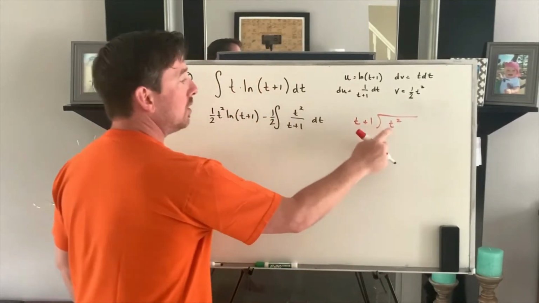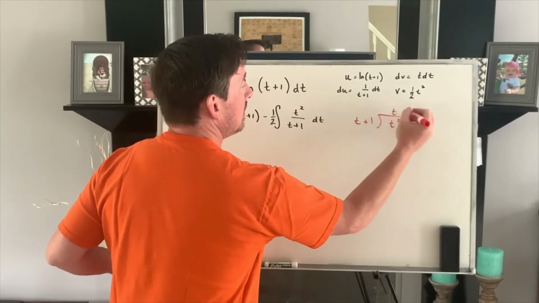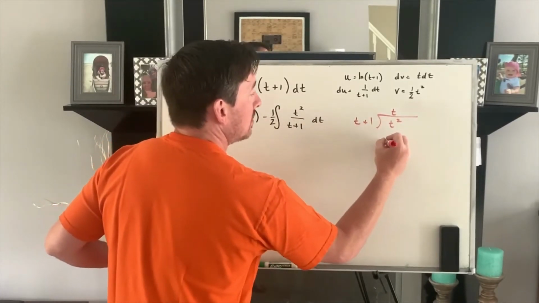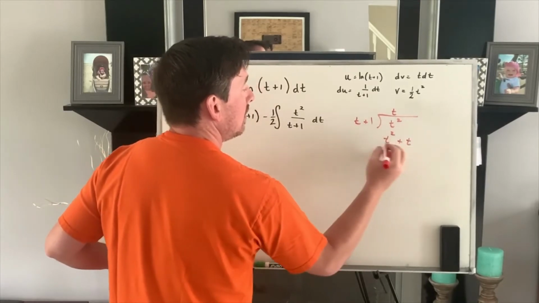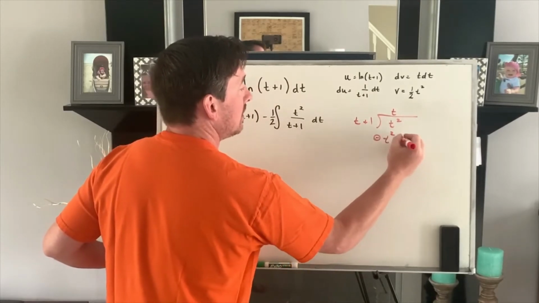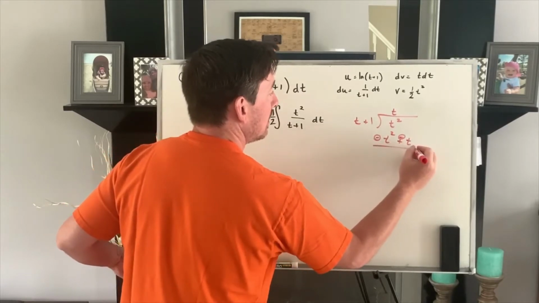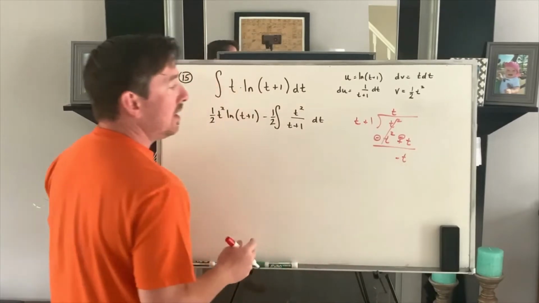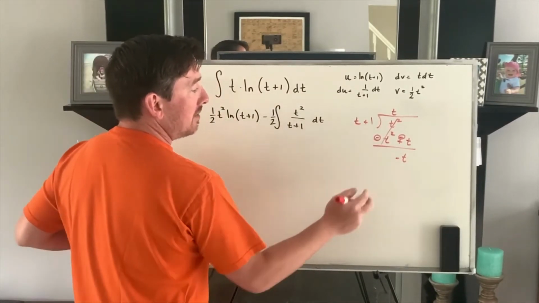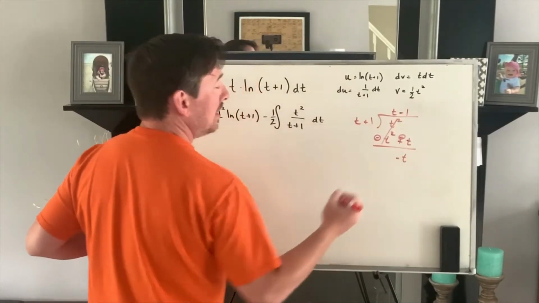How many times does t go into t squared? T times. T times t is t squared. T times 1 is t. I want to change the signs here because I really want to subtract. They cancel, and I'm left with negative t. Now let's start again. T goes into negative t, negative 1 times.